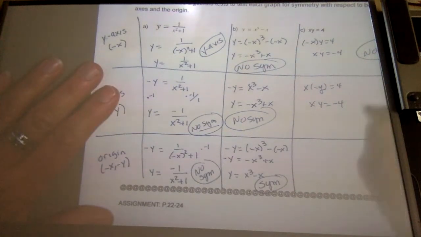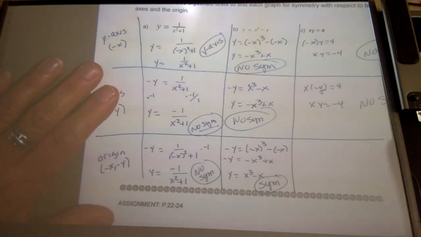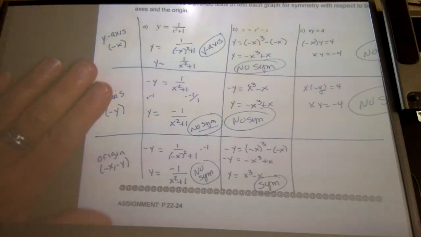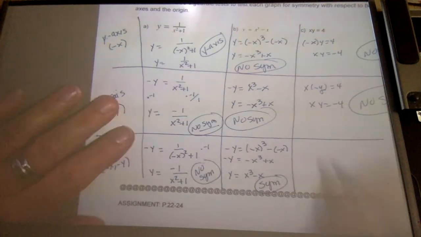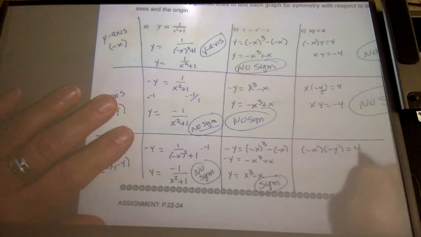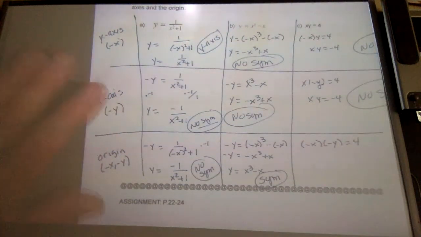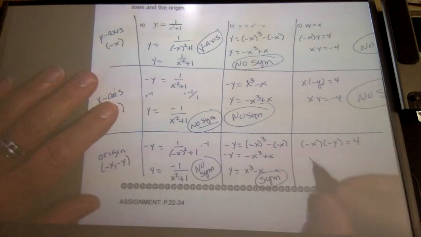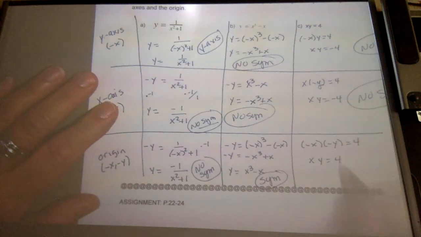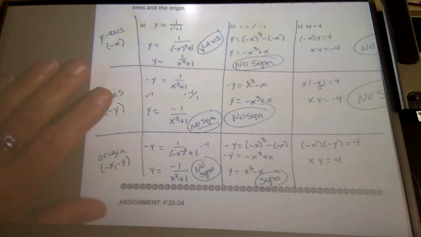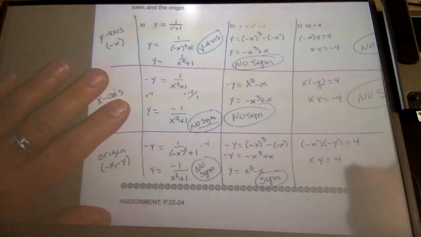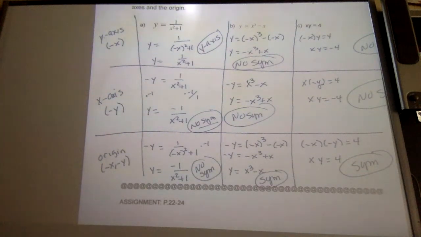It's not the same. And then I let both of them be negative. What happens here? We get positive xy equals 4. Is that our original? So we have symmetry here. Questions?